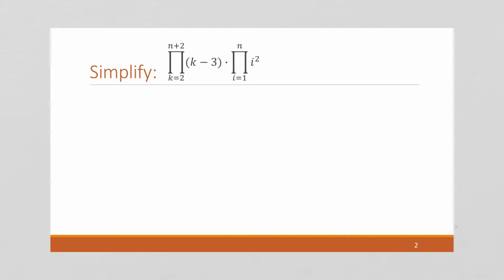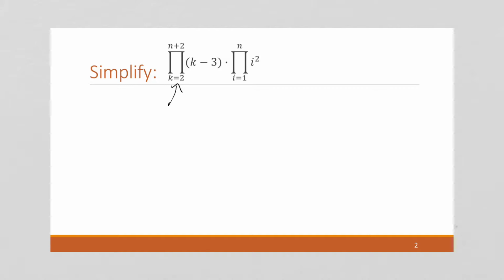So that's the first thing I'm going to do. So we're going to have to simplify. I can take either the first term off of this or the last term.